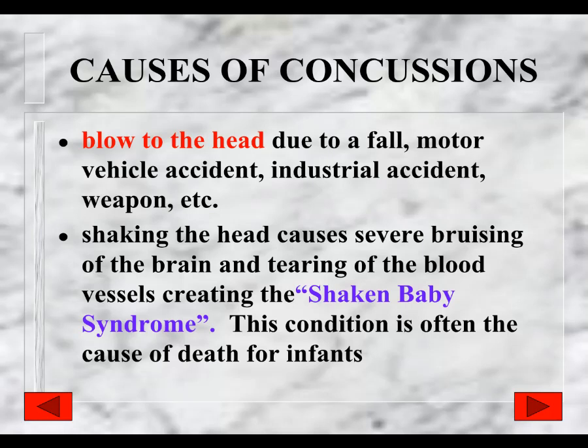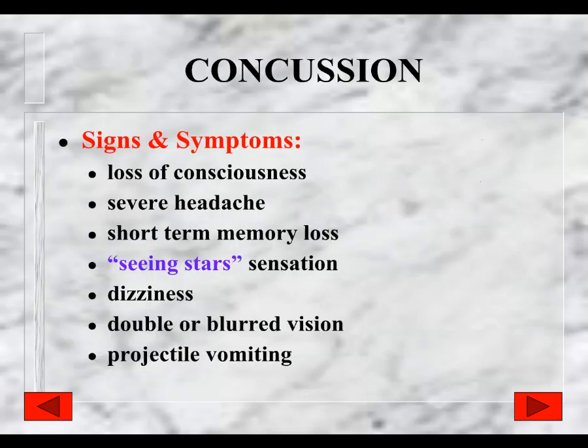Shaken baby syndrome is very severe and can cause death in infants. It is when someone has shaken them severely enough that they have definite bruising and some bleeding in the brain. It can cause tearing of vessels anywhere from behind the eye all the way to any part of the brain.